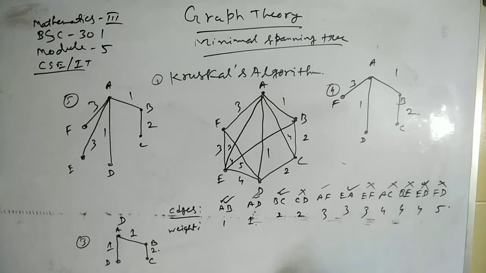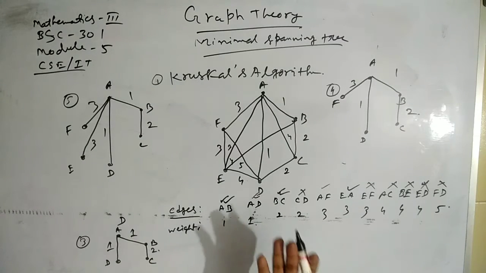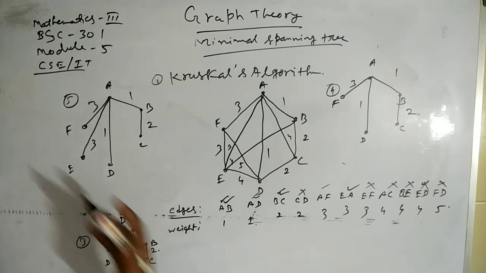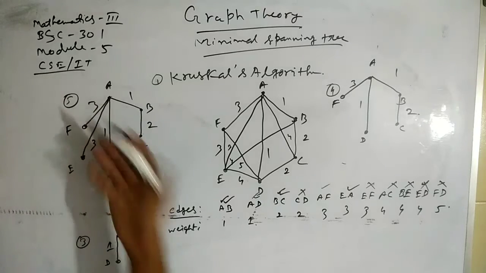So after drawing 5 edges, n-1 edges, it will automatically be formed as a minimal spanning tree. Now what is the weight of the minimal spanning tree? The weight will be the sum of all the weights of the edges.